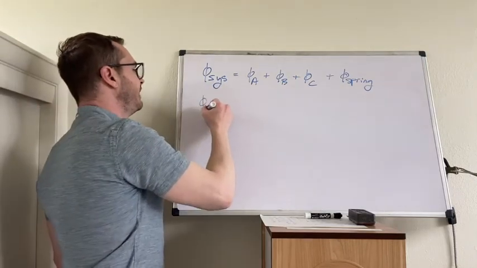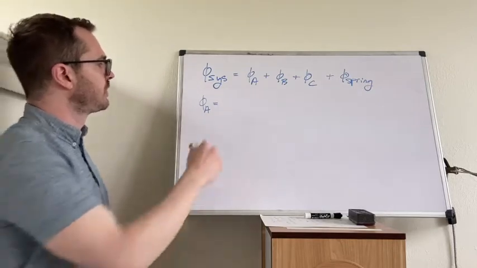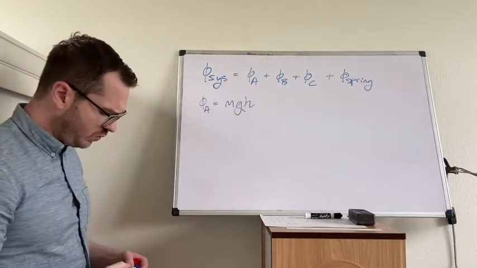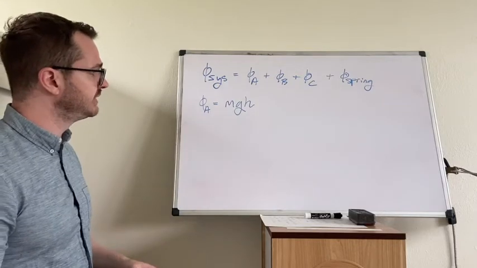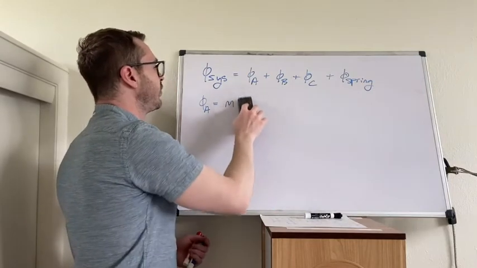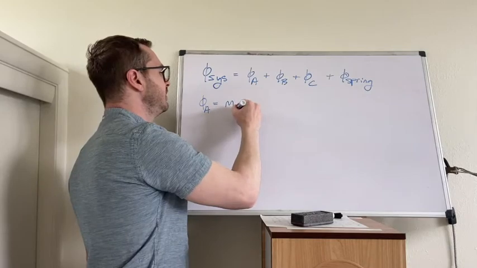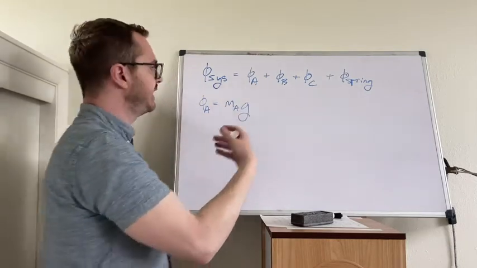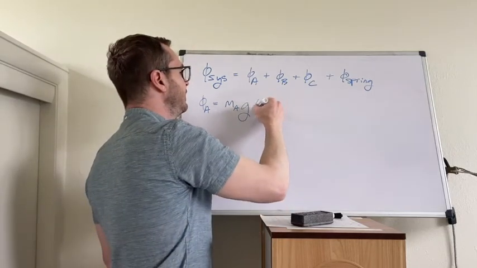If I say phi A, the gravitational potential associated with A, we know there is the equation mgh. We did talk in class before spring break about how this is actually an approximation. What we're going to do this semester is not worry about how gravity changes with position. We're going to do m, the mass of A, multiplied by g, and then in place of h, since we're doing vector systems, we need a more robust way of calculating it.